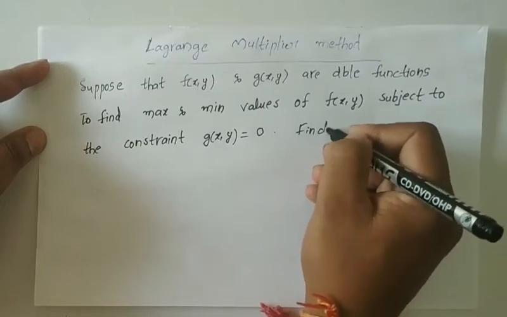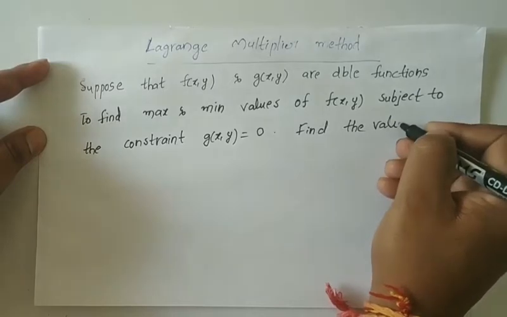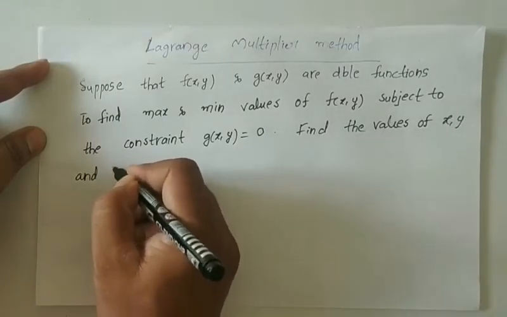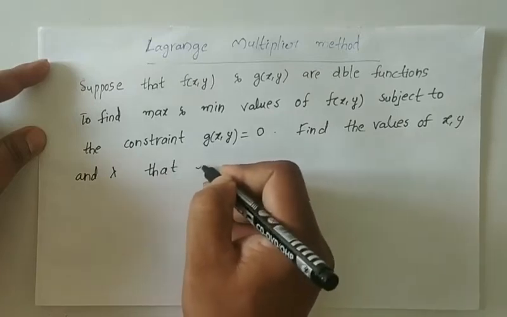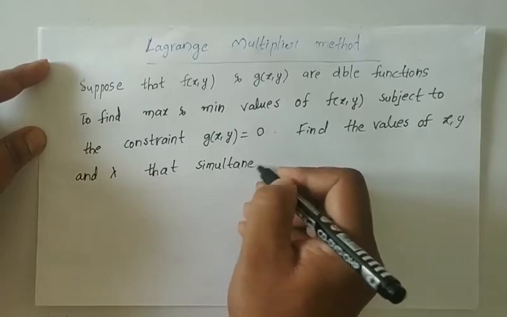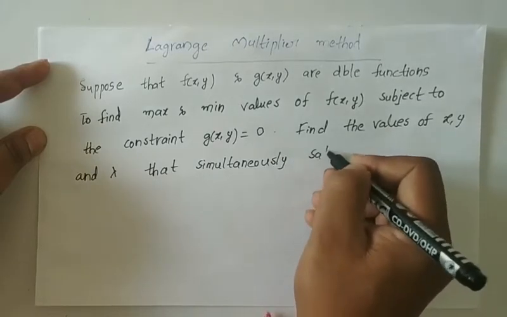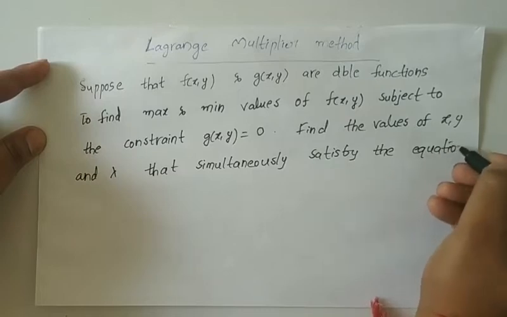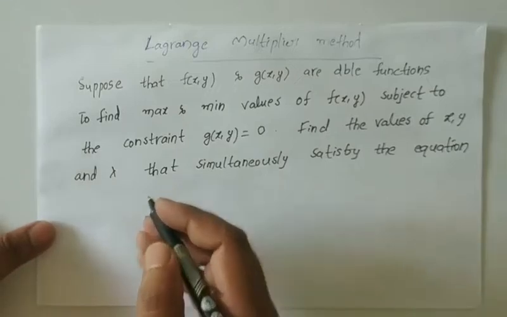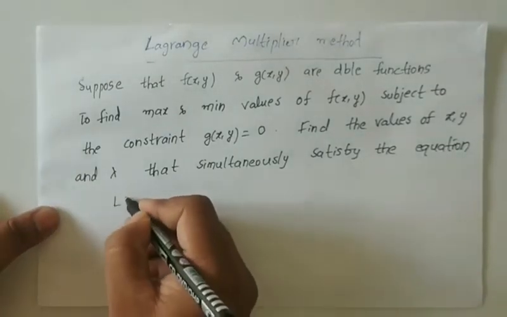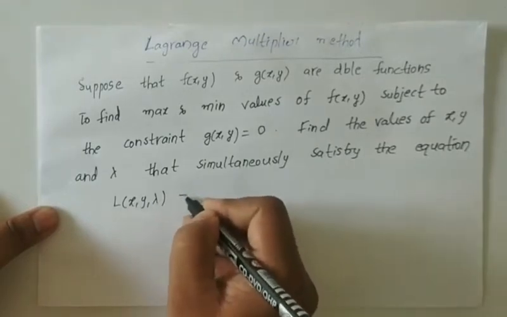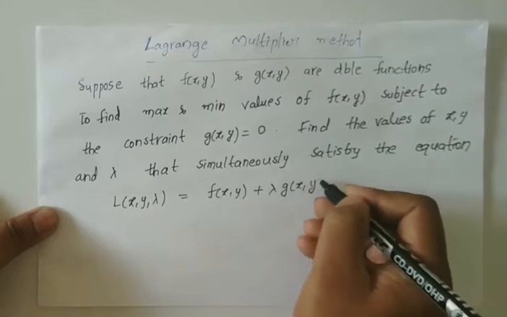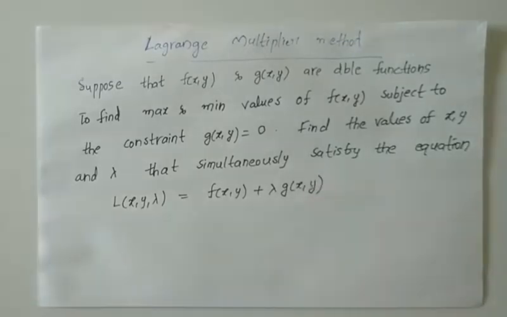find the values of x, y and lambda that simultaneously satisfy the equation L of x, y, lambda is equal to f of x, y plus lambda g of x, y.